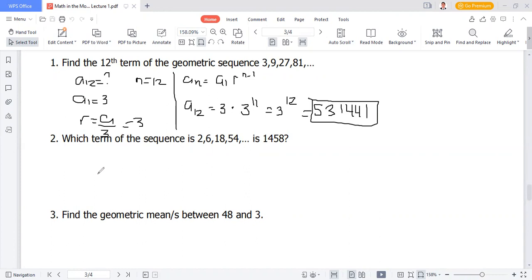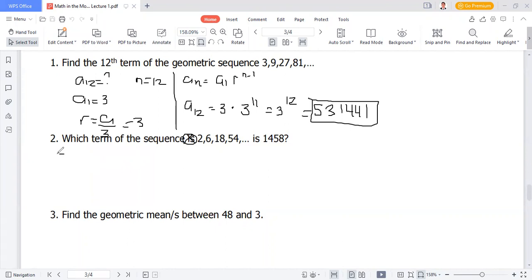Next, number 2. Which term of the sequence 2, 6, 18, 54 is 1458? So, ang tanong nito, pang ilang term daw si 1458 sa geometric sequence? Okay.